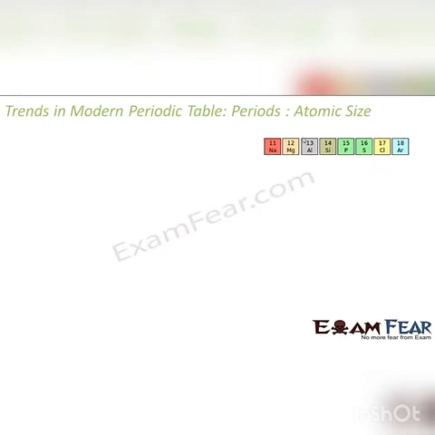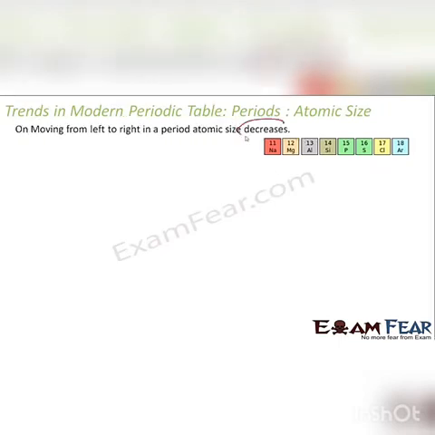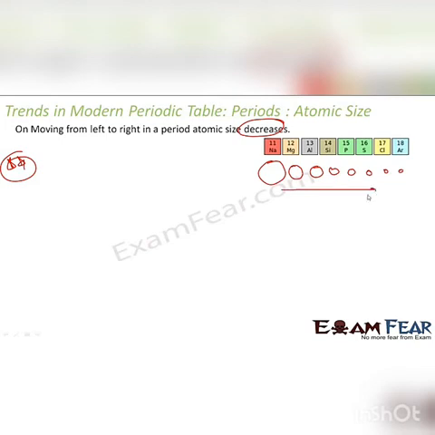If you talk about atomic size, the atomic size decreases. Please note, this is critical here. Please pay attention. If you move from here, the atomic size, let's suppose, has this much size, this becomes this, this becomes this. This is all atomic sizes. It decreases. Why? Because, see, there is no extra shell, right?